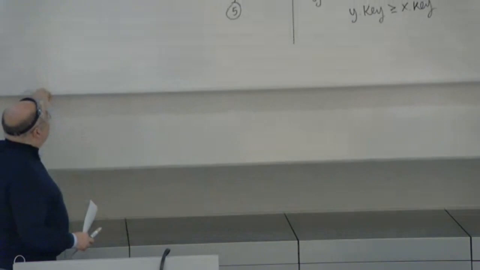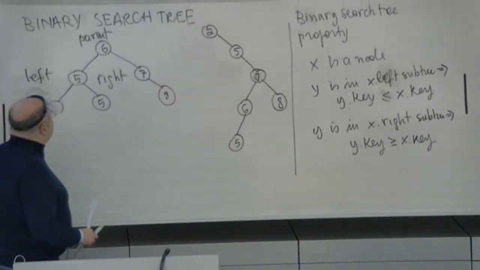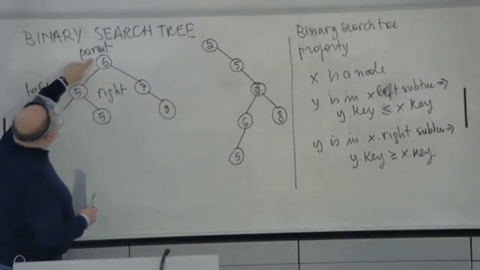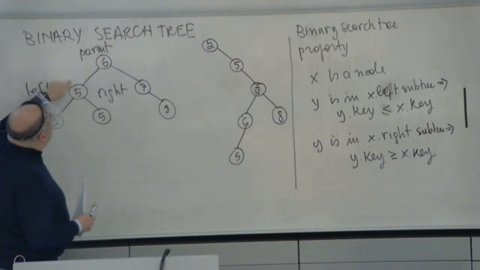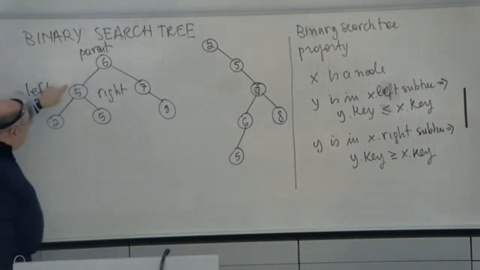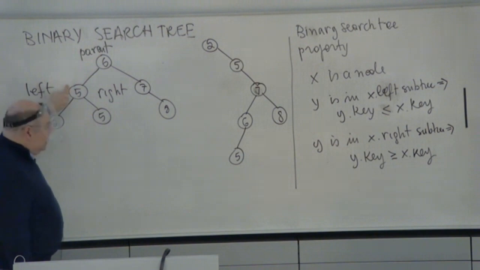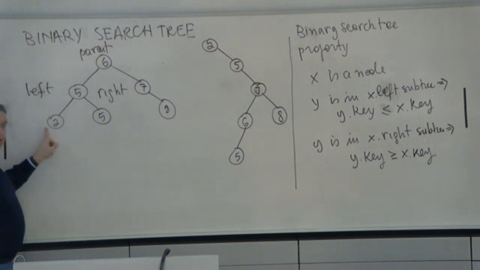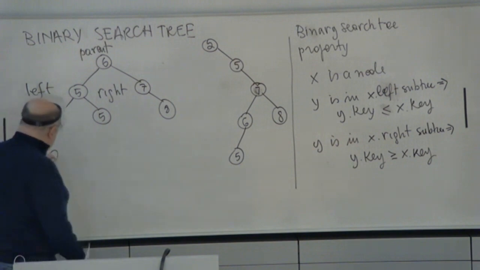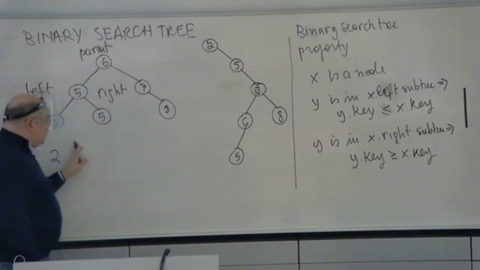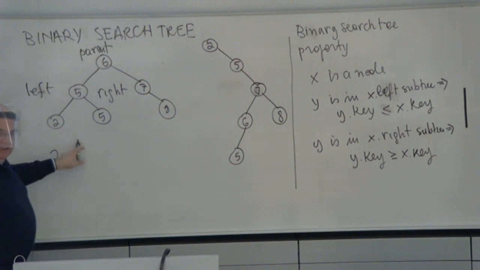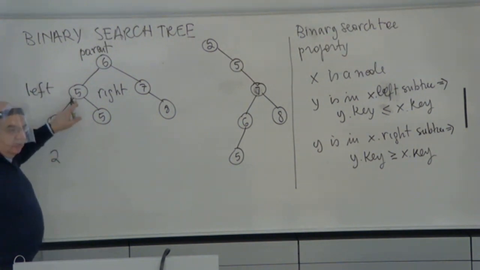If you follow this, you start with 6. 6 is not nil, so you call in-order tree walk here at 5, and 5 is not nil, so you call in-order tree walk here. And since this is not nil, you start with the left child, then you print 2, and then you look at the right child, and it's nil, and so you go back.